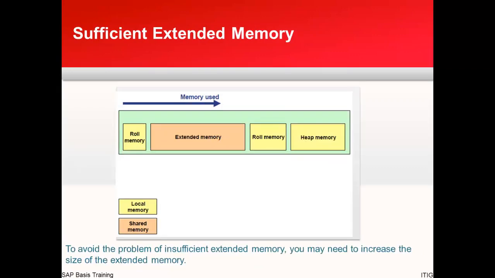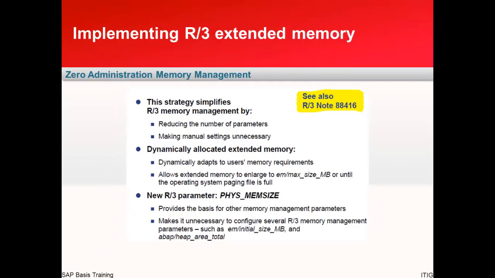Then sufficient extended memory, and you have implementing R3 extended memory. Just take note of these parameters and the note number where you can find more details about zero administration memory management.